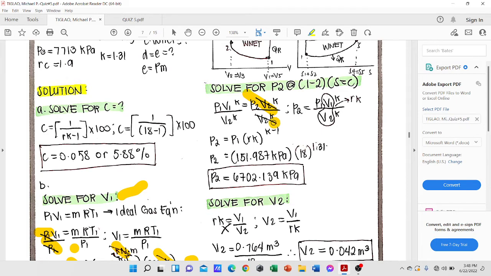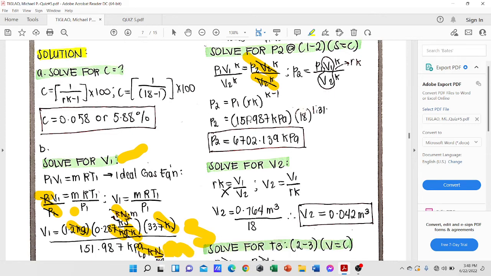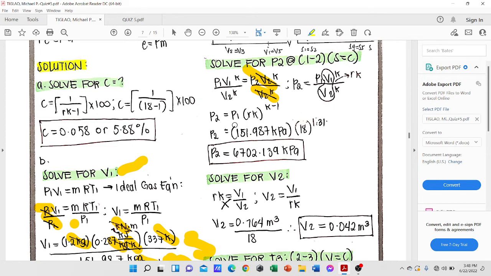So, cancel. Yung initial formula natin is P2 is equals to P1V1 raised to K all over V2 raised to K. Diba yung V1 all over V2 is equals to RK. Therefore, yung final formula natin for P2 is P2 is equals to P1 quantity RK raised to K minus 1.